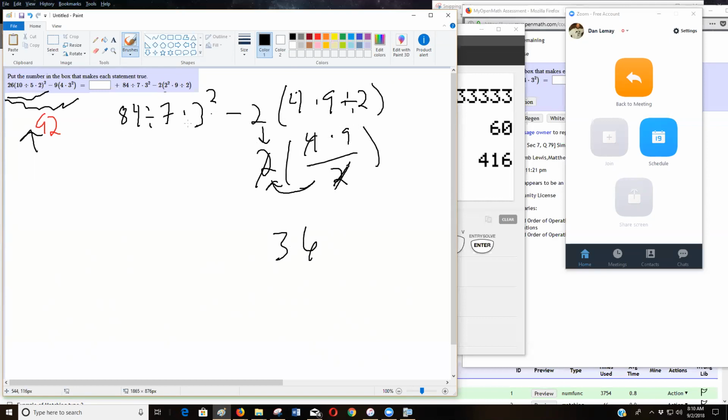So now I'm going to go back to my first part of this expression. I don't see any parentheses, but I see some exponents. So 3 times 3 is 9. Then I'm going to do multiplication and division, left to right. I know that 84 divided by 7 is 12. That's just because I've done this a lot.